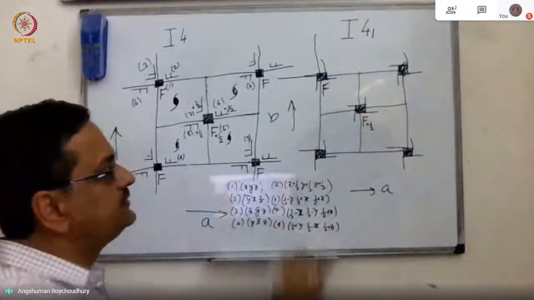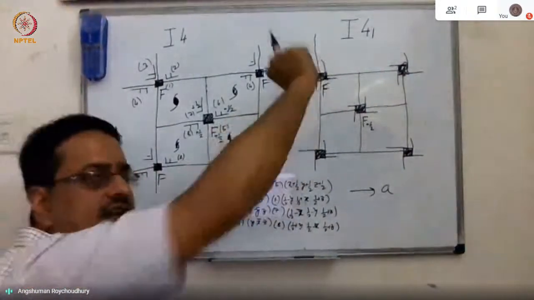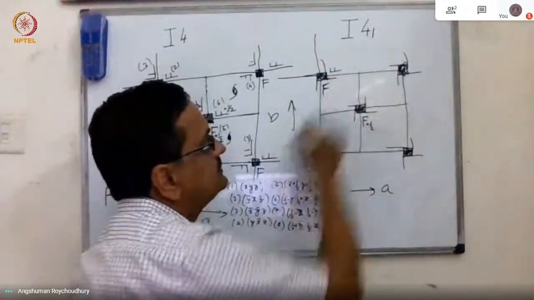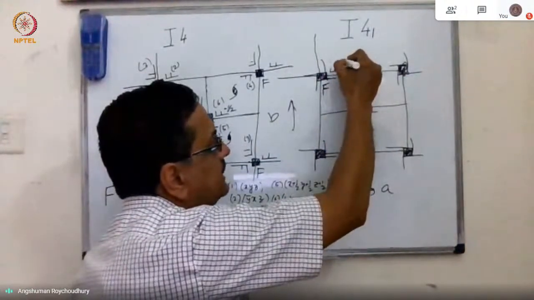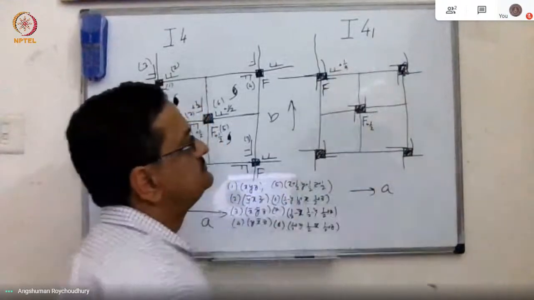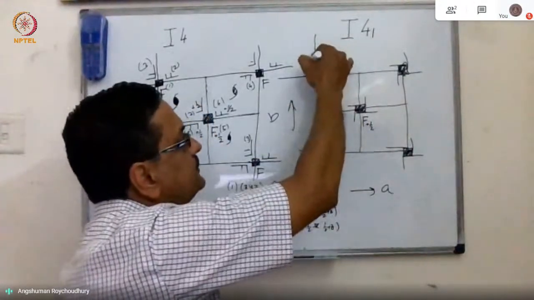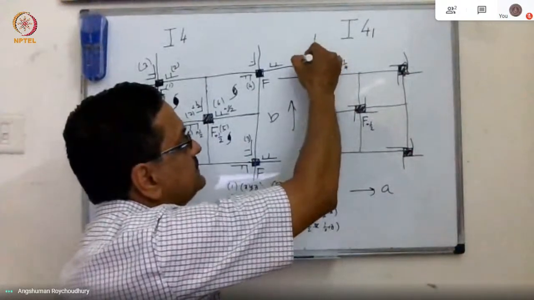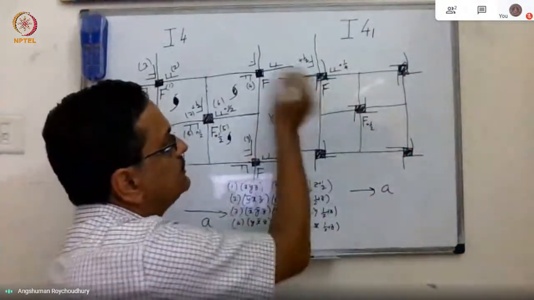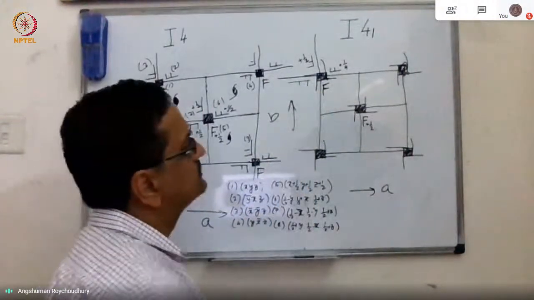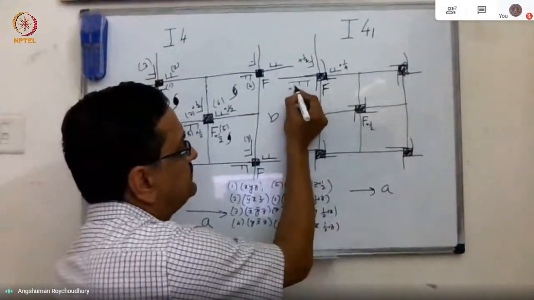So now when I'm doing 4-1, this is a 4-fold rotation and 1/4 translation. So the rotation will remain as it is. The translation we have to add as plus 1/4. Similarly, again rotate 90 degrees and do 1/4 translation, so it becomes plus half. Then you rotate it again by 90 degrees and translate 1/4, so it becomes plus 3/4.